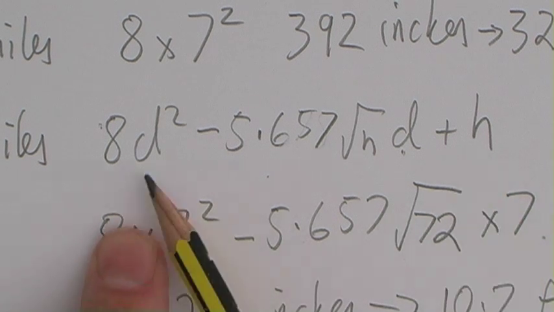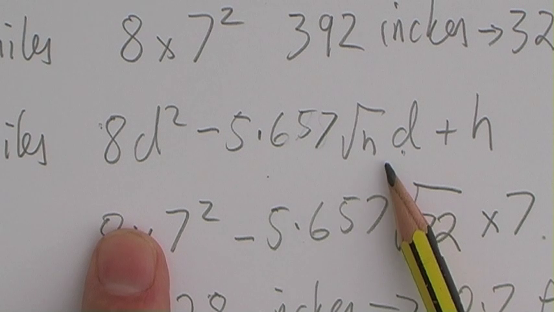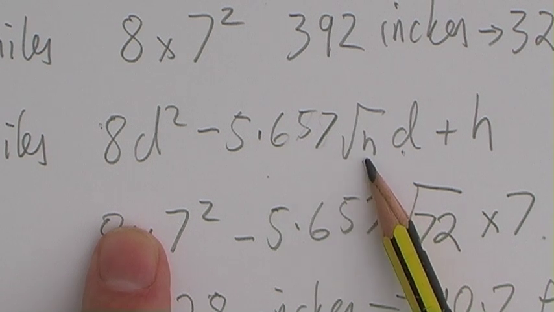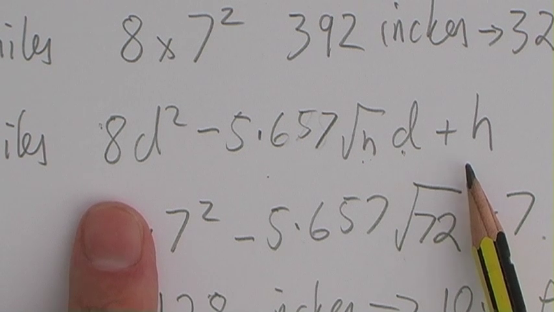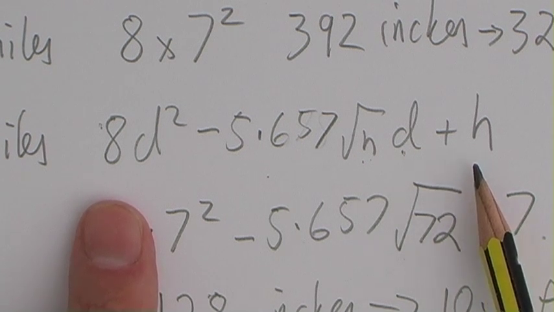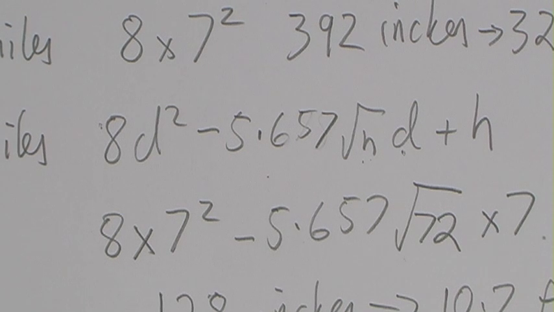When you put the distance in miles and the height of your eyes above sea level in inches, this gives you the answer in inches. Hopefully you'll be able to make some better calculations from now on.